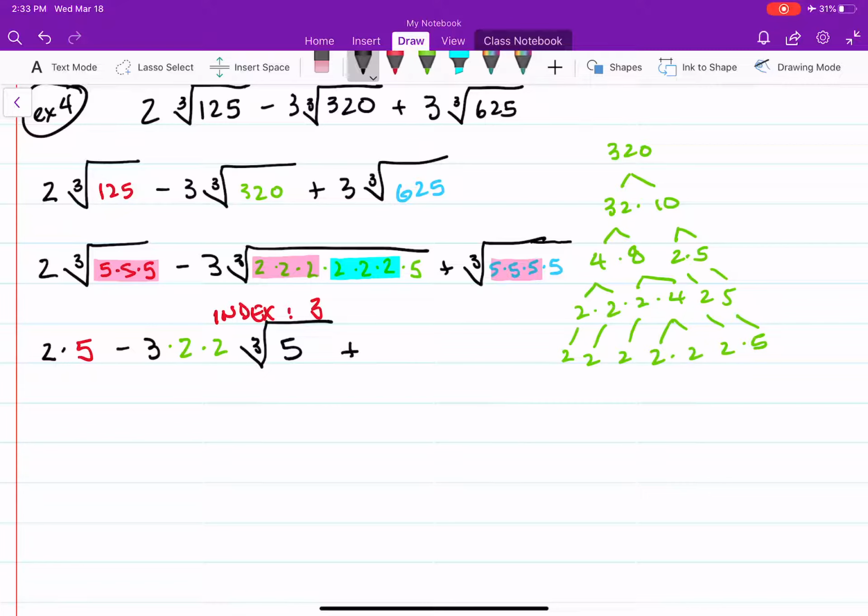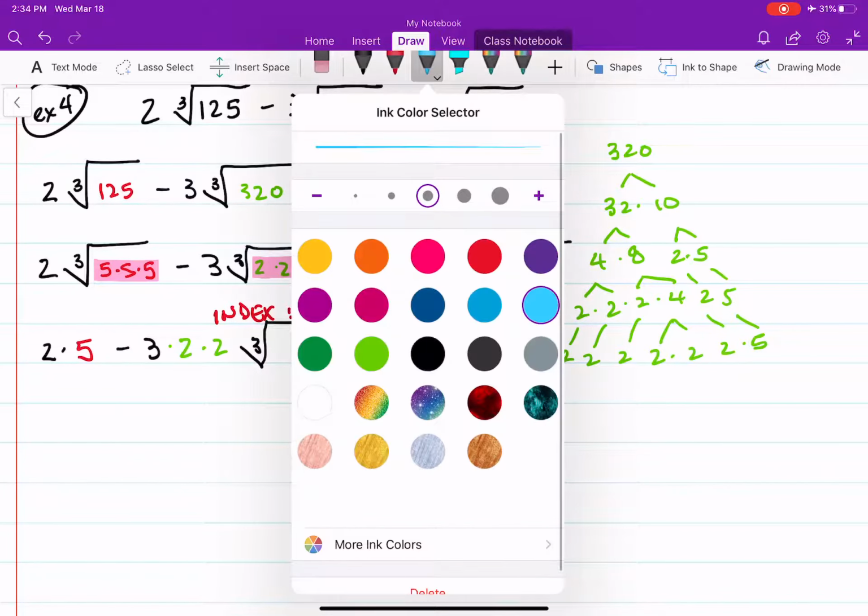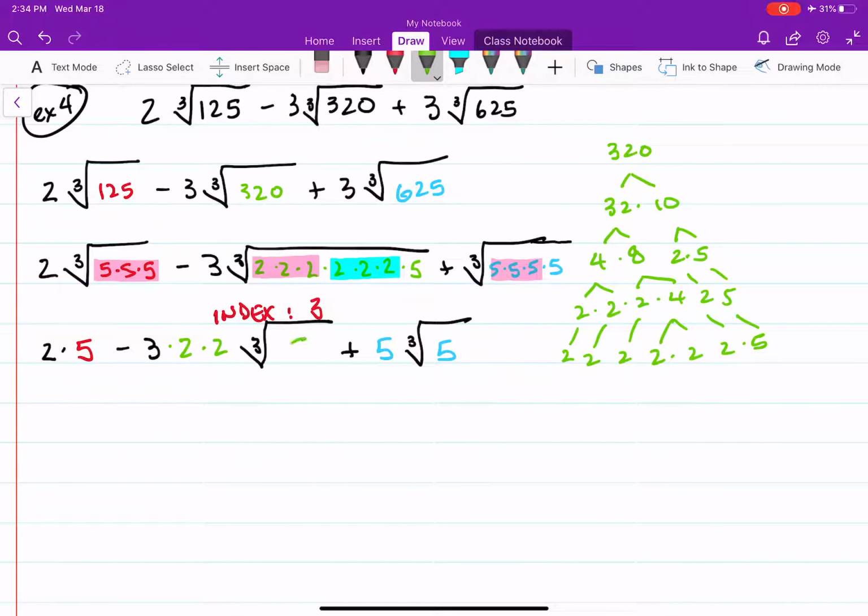Plus, this one has a group of 5 that comes out, and this is blue. So 5 comes out, leaving you with a cube root of, and there's that 5 that stays inside. I should have made this 5 a blue and a green. There we go. So that we can see everything.